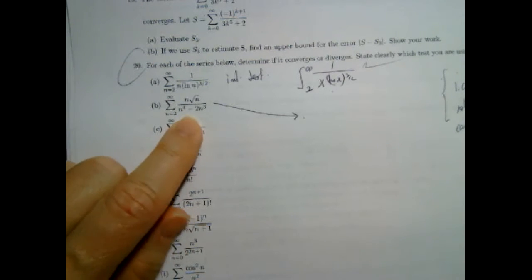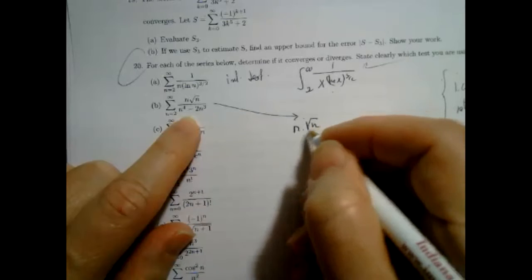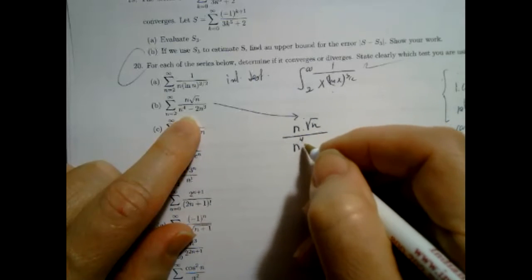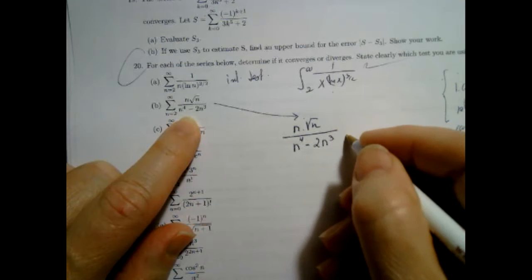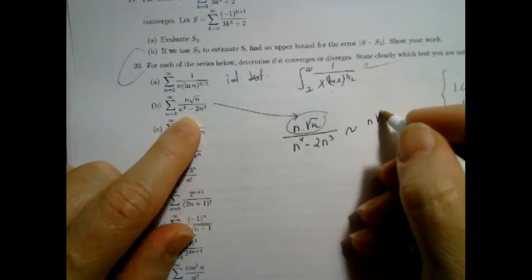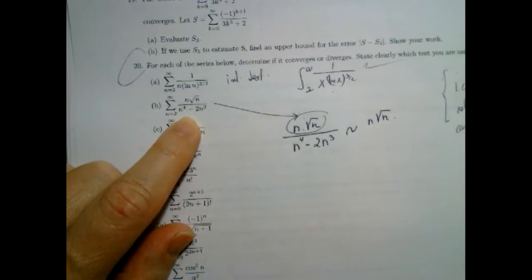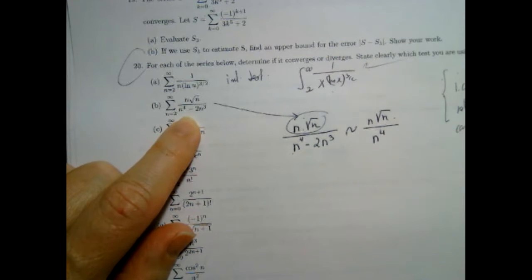Which test do you think will work with that? Limit comparison. And what shall I compare it with? 1 over n to the 4th. No, no, no, no. What shall I compare it with? The numerator, as n is large, it remains itself. The denominator is n to the 4.